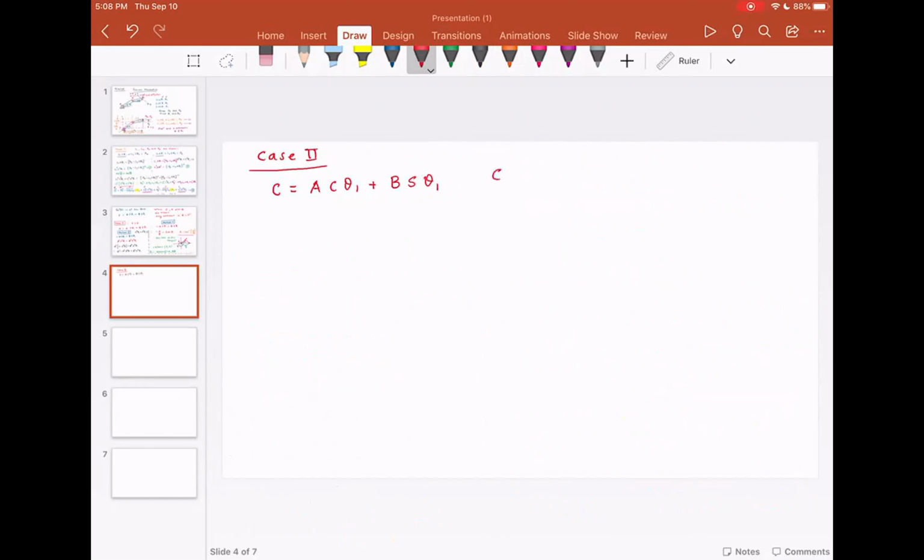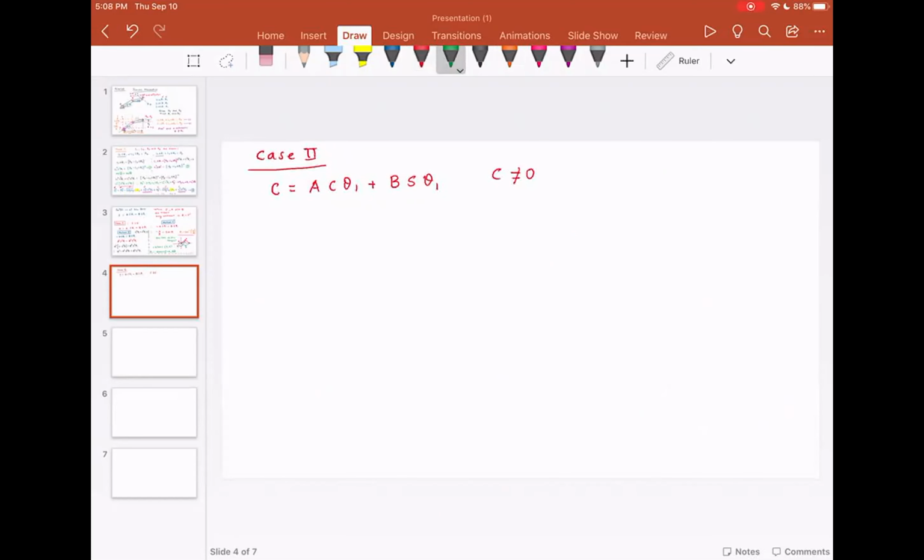But C is not equal to 0. Now, what happens then? In that case, once again, there are multiple methods, and I'll show you both the methods.